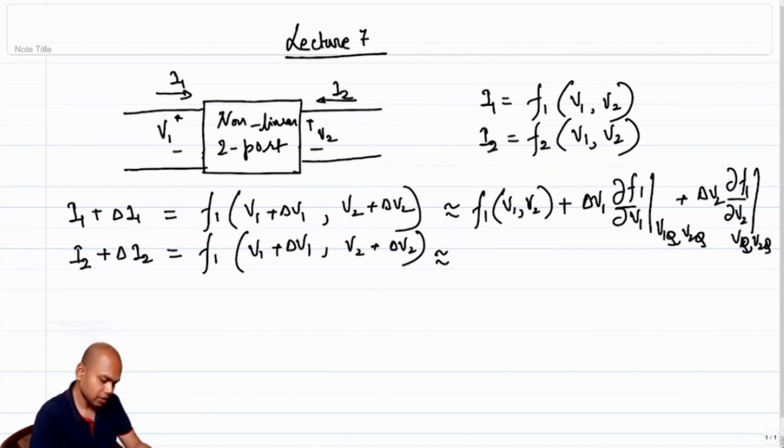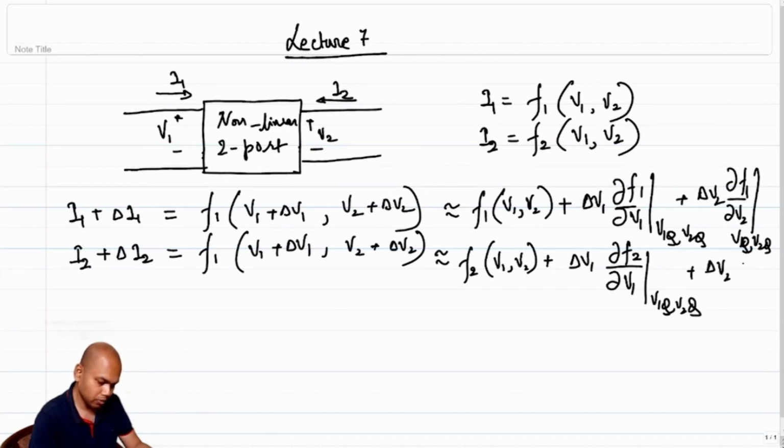Similarly, the total current in the second port can be represented as f2 of V1, V2 plus delta V1 times del f2 del V1 plus delta V2 times del f2 del V2, around the quiescent port voltages.